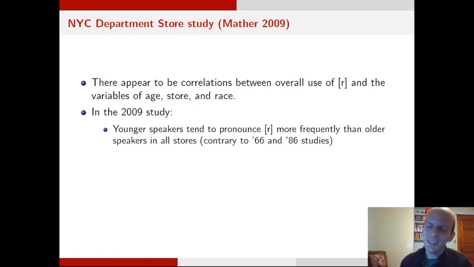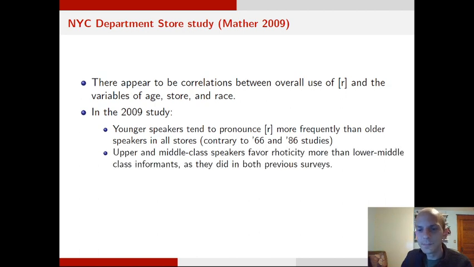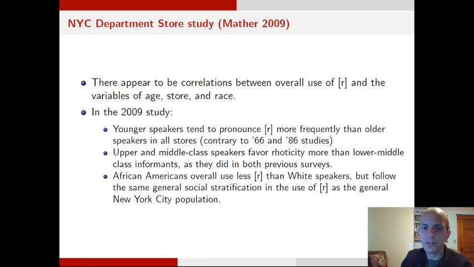They found that younger speakers pronounce R more frequently, have more R-fullness than older speakers. This was different than it had been in the past. This is a new generational turnover thing. The upper and middle class speakers favor rhoticity, that's the R-fullness, more than lower middle class informants. That's consistent with Labov's original findings.